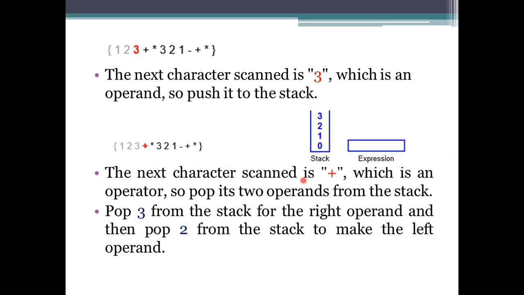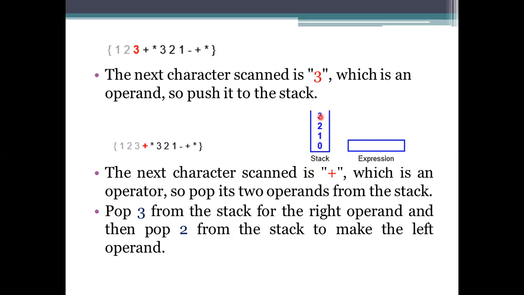Coming to the next one, we have a symbol. Whenever we read an operator, it has to apply its functionality on the previously read operands. We are using addition, that is plus, as the operator.